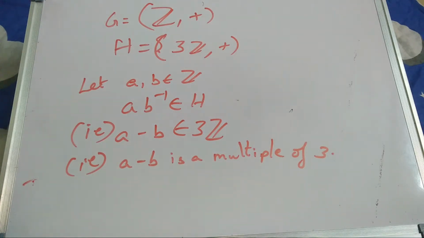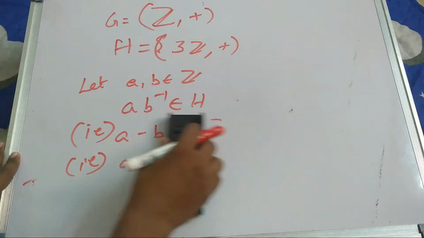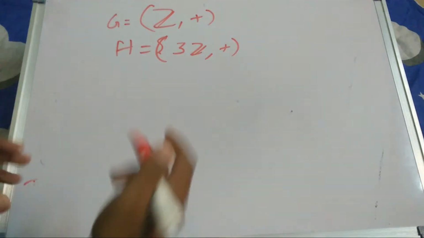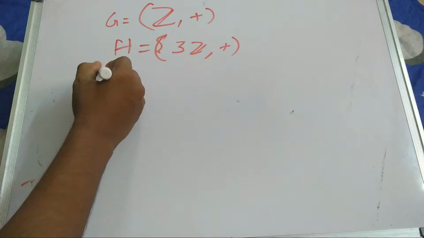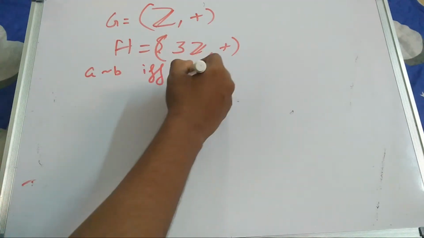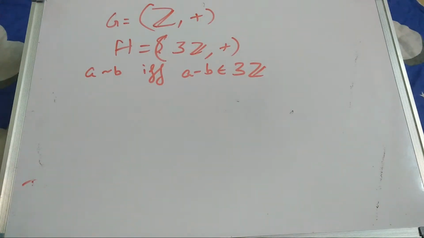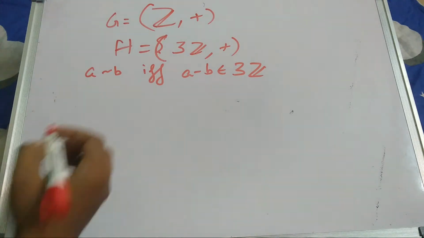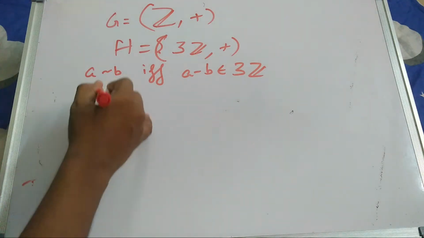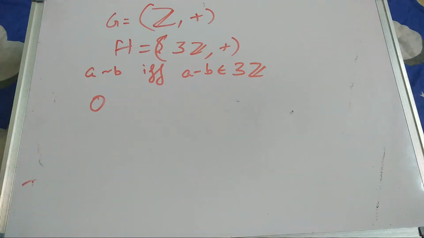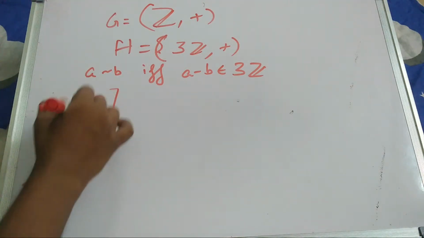Now we will try to check what will be the equivalence classes. So A is related to B if and only if A minus B belongs to 3Z. Now, first what we will do is collect all elements which are related to a particular element, and then we will try to build up from it. So first we will collect all elements which are related to 0. We denote the equivalence class by this notation.